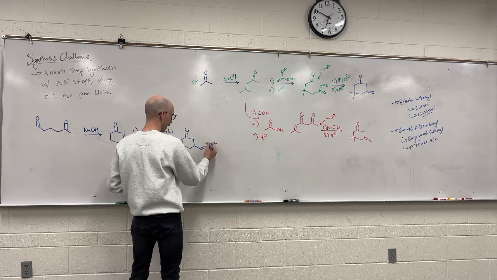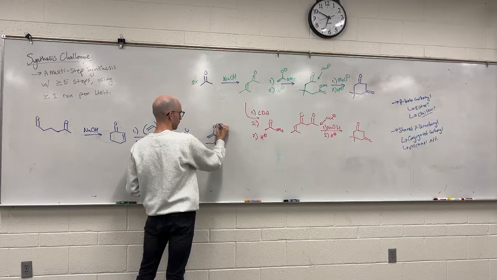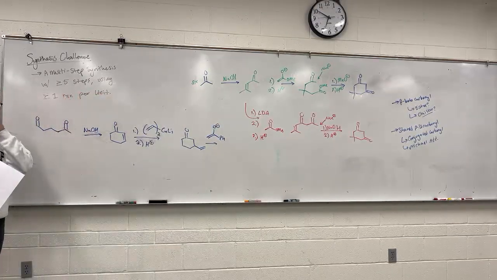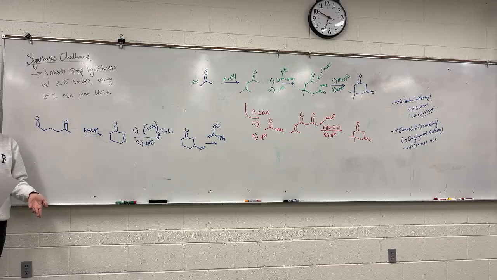This takes care of my conjugated carbonyl and gives me that new alkene. Then, if I introduce this enolate, the next reaction is just another aldol condensation. It leaves me with a new conjugated carbonyl.